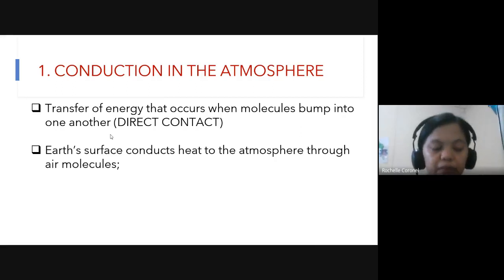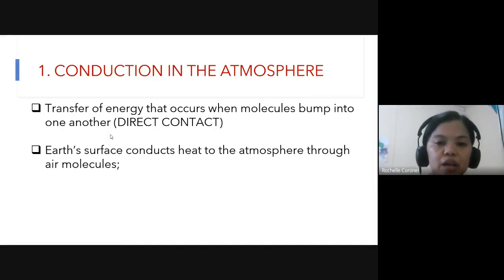So that close contact of air molecules near the surface helps to conduct the heat. As the Earth cools down, it radiates heat, and that heat is conducted by the air molecules near the surface of the Earth.